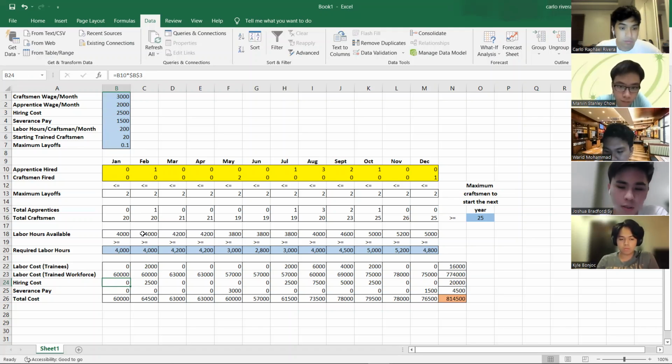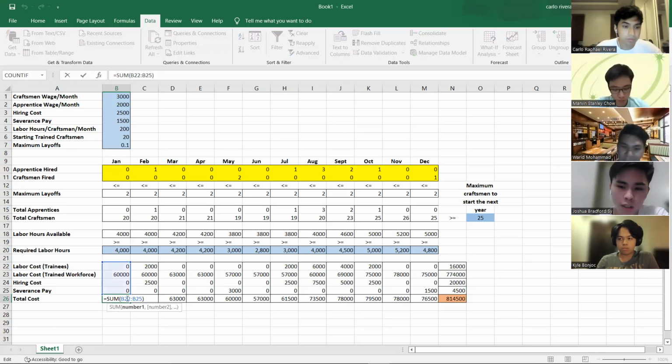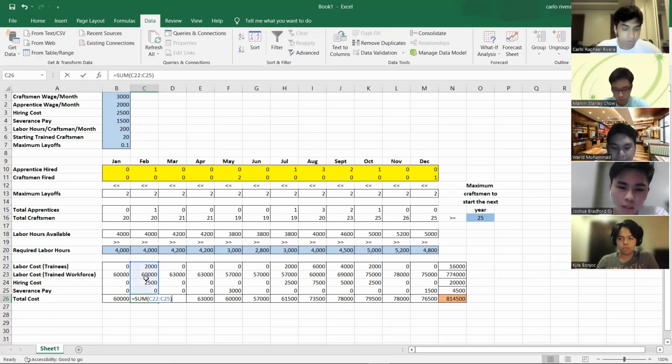The formula for severance pay is craftsman fired multiplied by labor hours per craftsman per month. And the total cost will be the sum of the labor costs for trainees and the trained workforce, hiring costs, and severance pay.